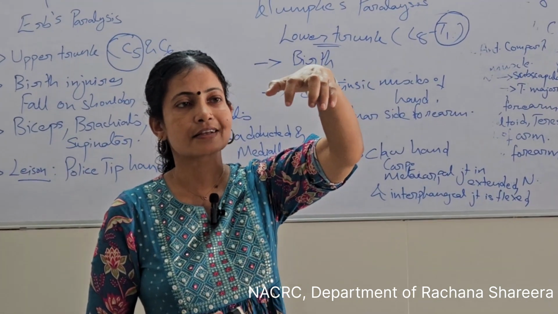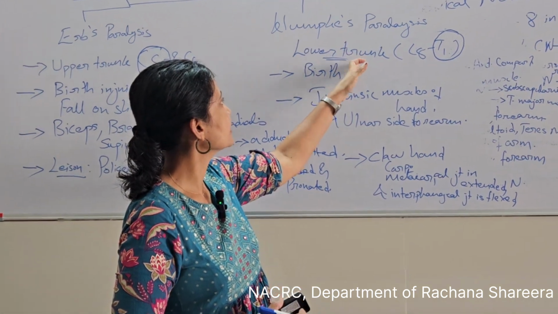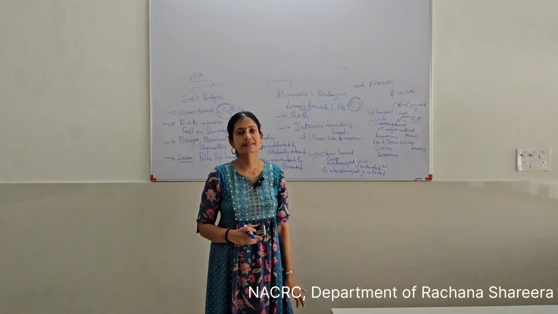So it looks like this, claw hand. So that is the lesion of Klumpke's paralysis.